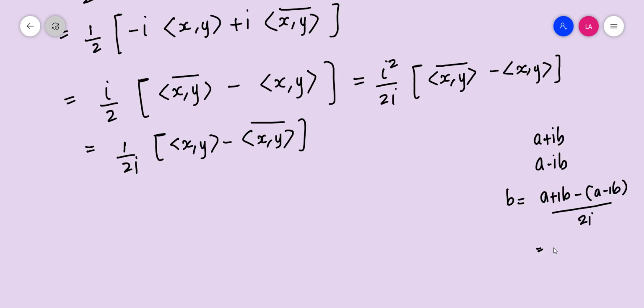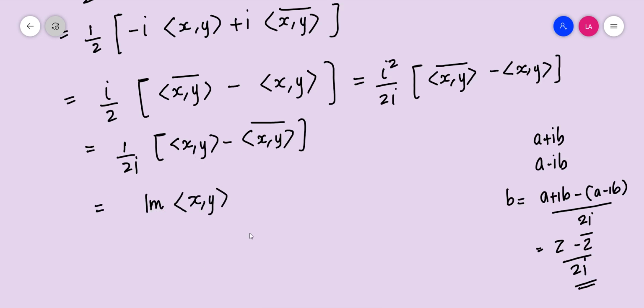We can write as this, or a complex number z minus z conjugate divided by 2i is actually the imaginary part of that complex number. So here, this is of the form z minus z conjugate divided by 2i, which should be the imaginary part of inner product xy.